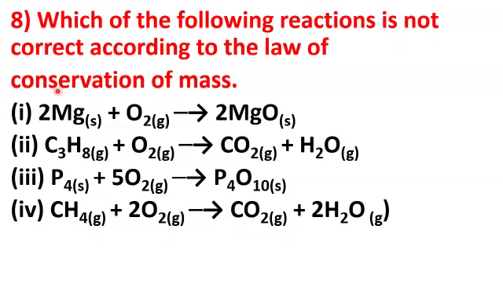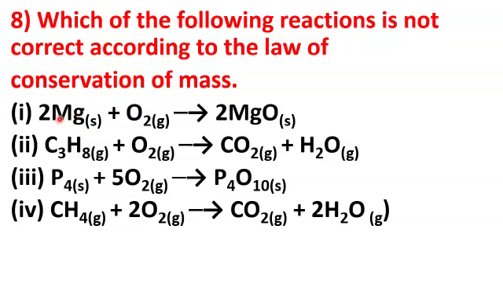So the law of conservation of mass states that matter can neither be created nor destroyed. Hence during a chemical reaction, the number of reactant atoms must equal the number of product atoms, or the mass of the reactants must be equal to the mass of the products. So the chemical equation must be balanced.